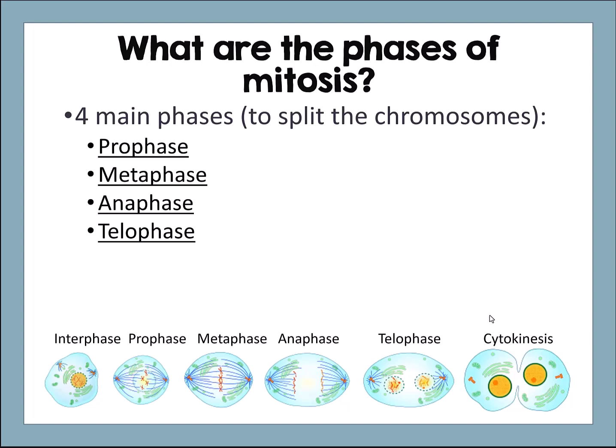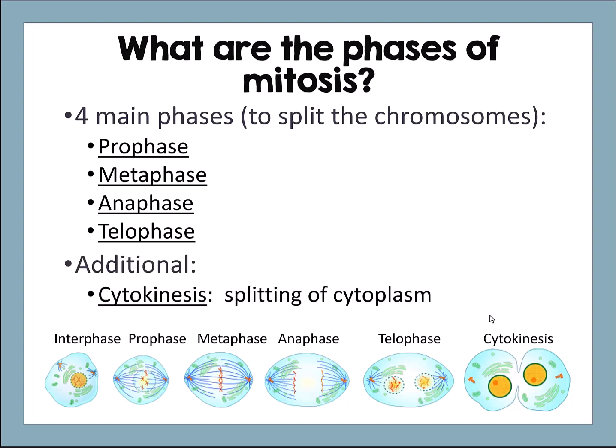And the four main phases are prophase, metaphase, anaphase, and telophase. And then additionally, after the chromosomes are split, there's a process called cytokinesis, which is the splitting of the cytoplasm, the rest of the cell. You can see a brief overview here of those different phases at the bottom.